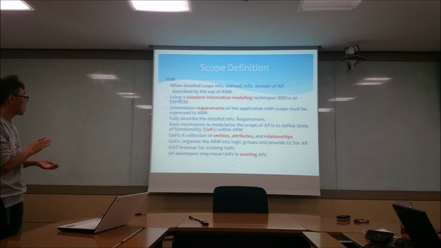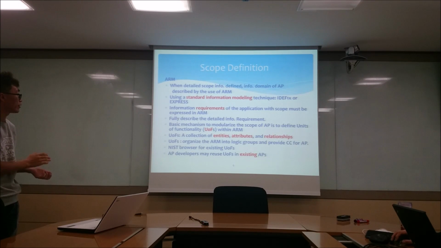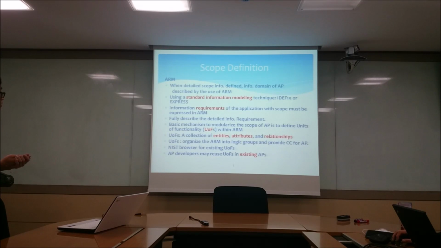A UOF is a collection of entities, attributes, and relationships. It also organizes the ARM into logical groups and provides this for APs. And in this process, the NIST browsers are used for existing UOFs.